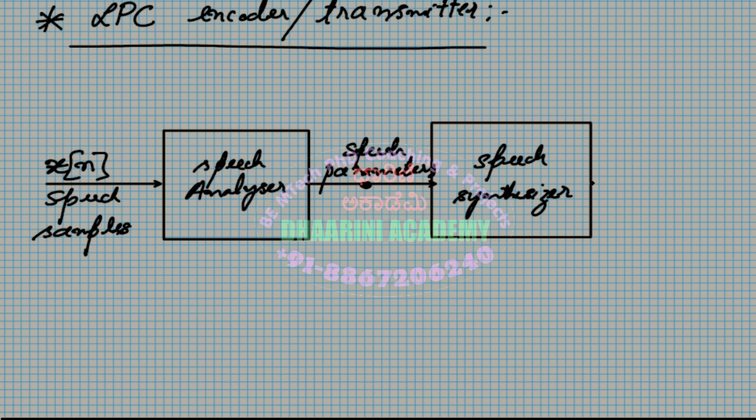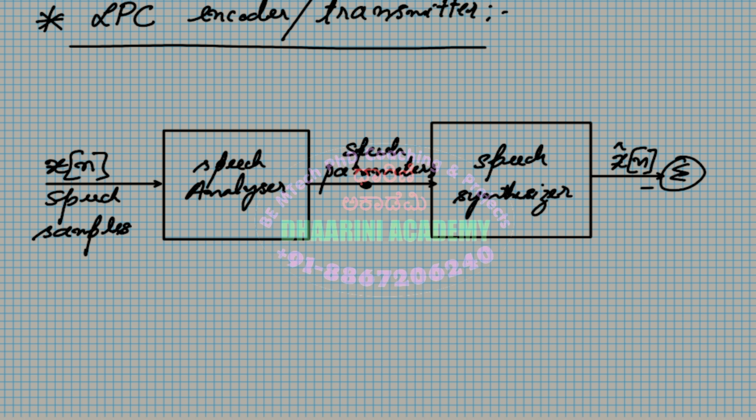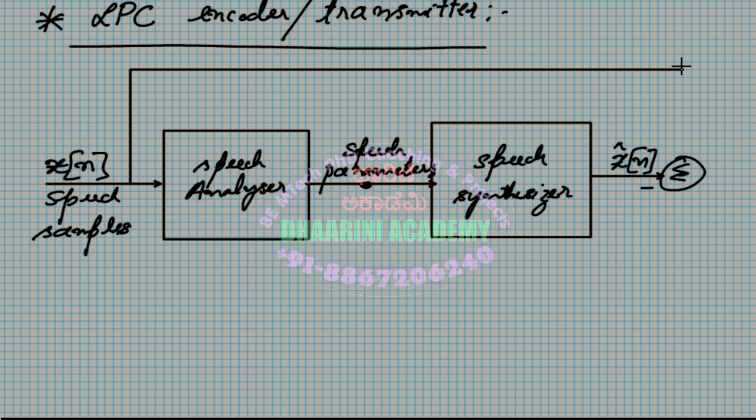Now, for this synthesizer, I need to generate an error, because this actually makes an approximation. Whatever you get here is the approximated x cap of n estimation. So I'll use a summer block and take a difference. I'll take this signal and bring that down, and subtract it from the actual signal.